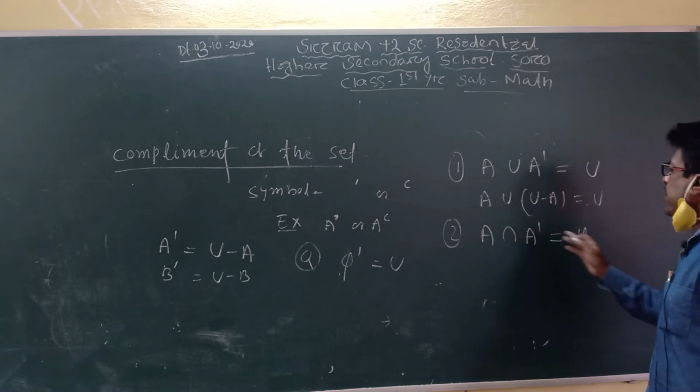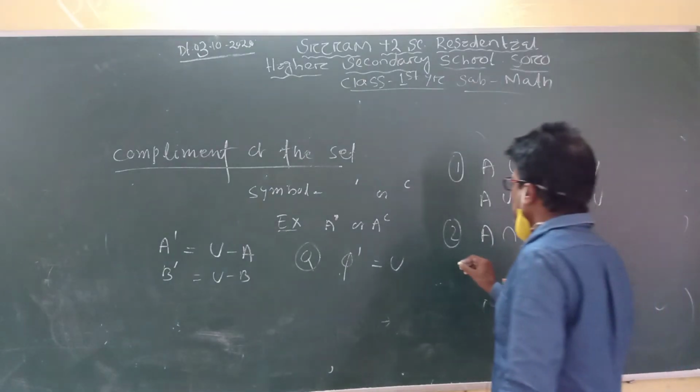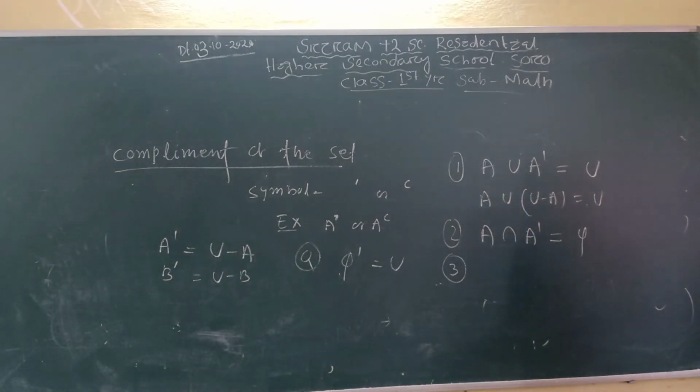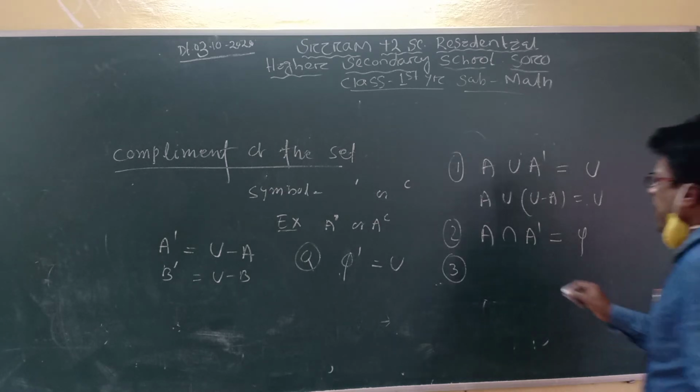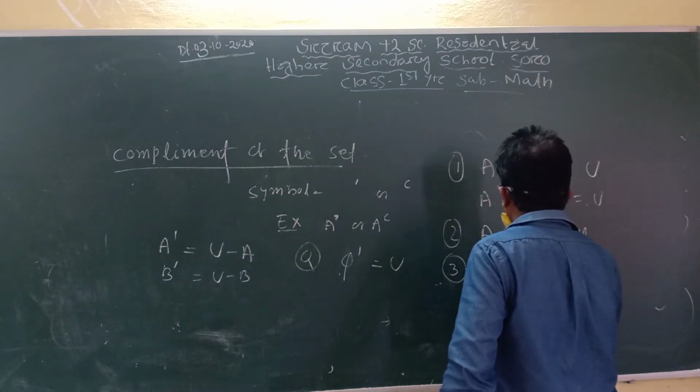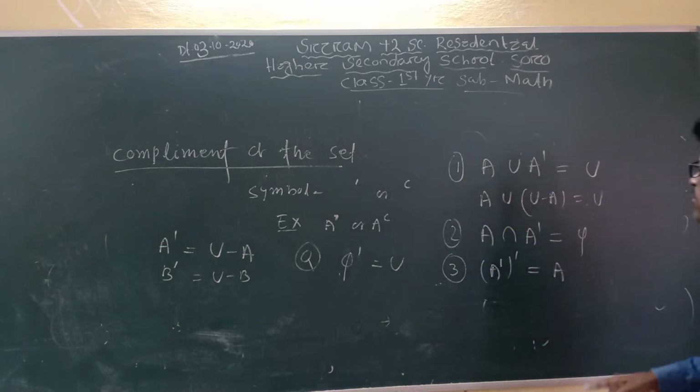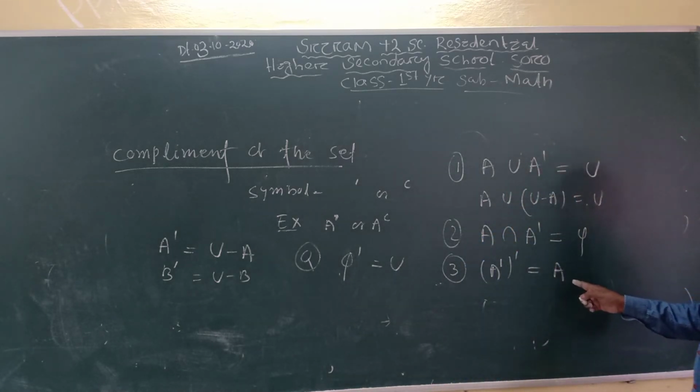A complement contains everything except A. So A intersection A complement is equal to phi. Third, A complement complement is equal to A itself.